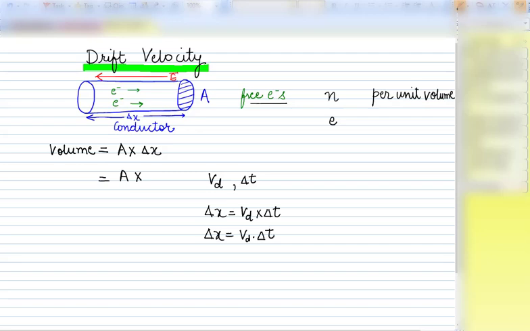So the length will be Vd delta t, right? So the volume will be A multiplied with Vd delta t. So the total volume comes out to be A Vd delta t. If you multiply this n with A Vd delta t, then you will have the total number of electrons, and the charge on each electron is minus e.